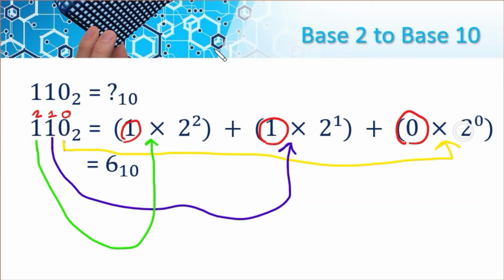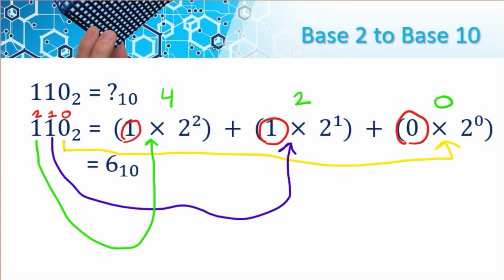So 2 to the power of 0, that is equal to 1. So 1 times 0, so this is 0. Then 2 to the power of 1, that is equal to 2. So 1 times 2, this is equal to 2. Then this one, 2 to the power of 2, that is 4. Then 4 times 1, this is 4.